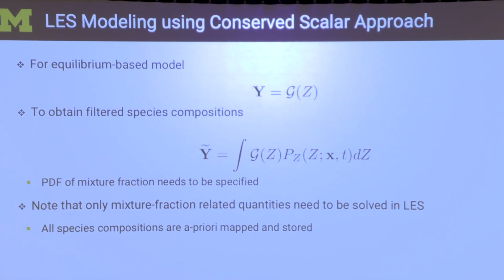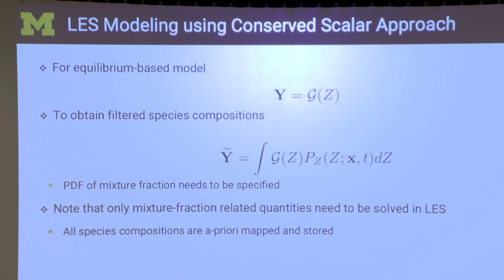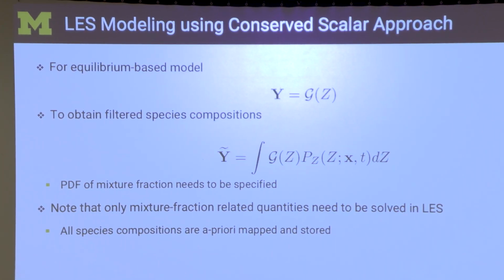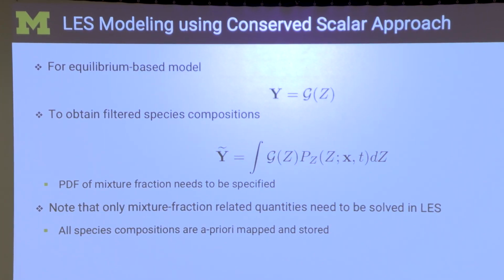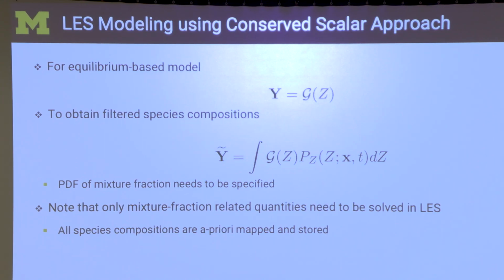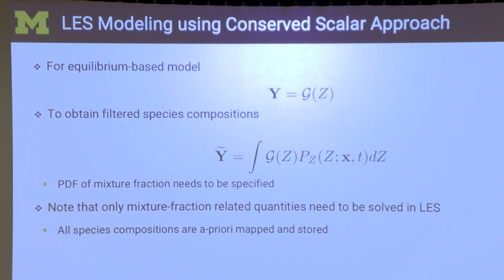All right. So I want to step back a little bit, go back to the PDF part of it again, just to illustrate this notion of building model parameters from within the simulation, which is called the dynamic procedure. It's very unique to LES. I don't know of any other simulation tools where you can do something like this.